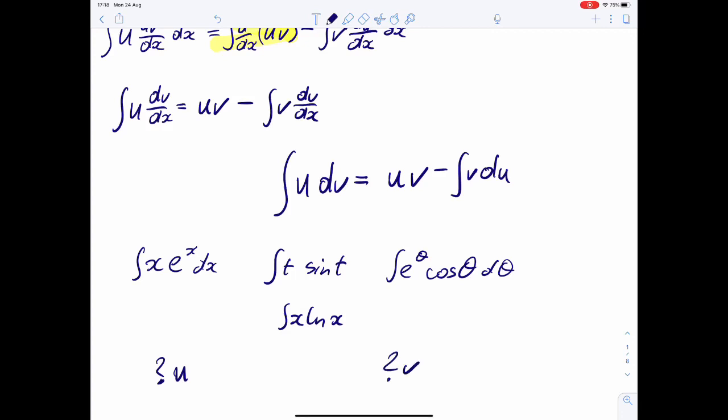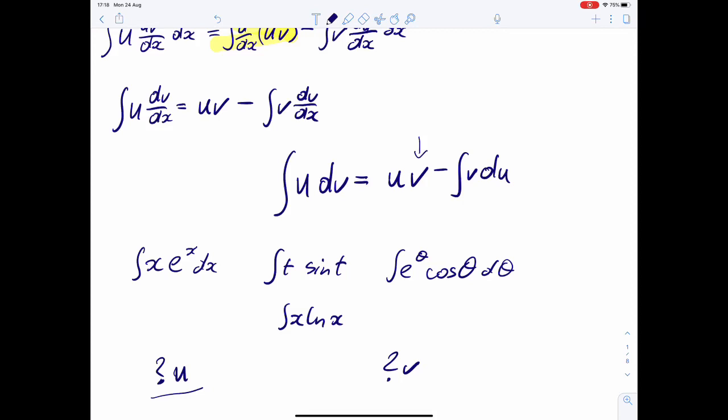The choice must be made in such a way that the u part becomes a constant after successive differentiation, and the v part can be integrated from standard integrals. So we want to be able to integrate that dv into something that we can put into our uv function.